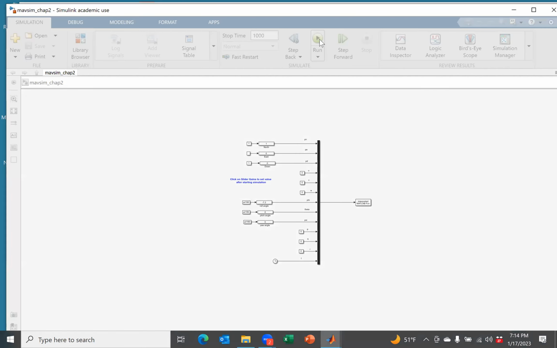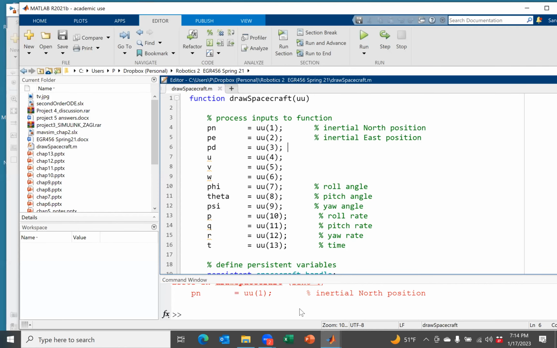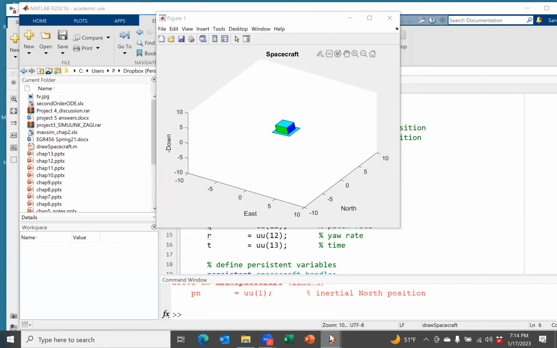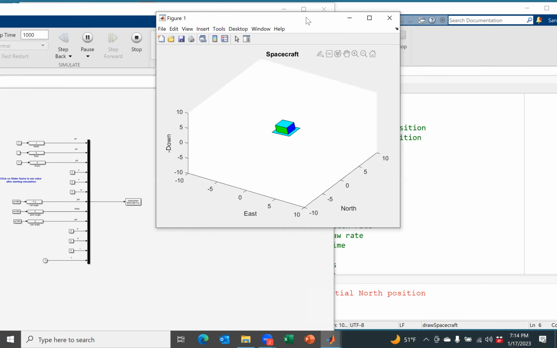Run. And then you will see. Can you see the spacecraft? Now, this is the spacecraft.